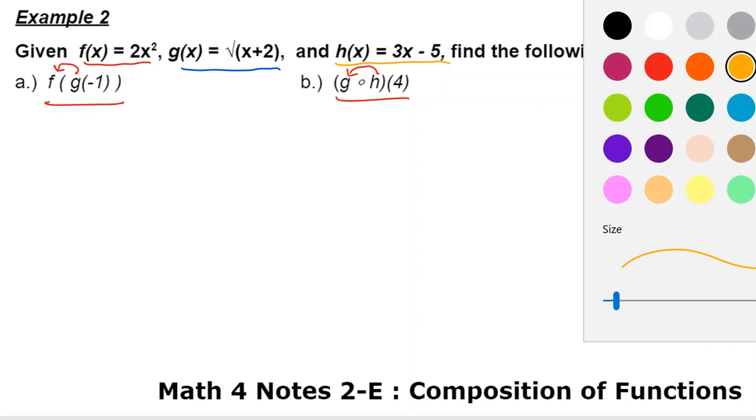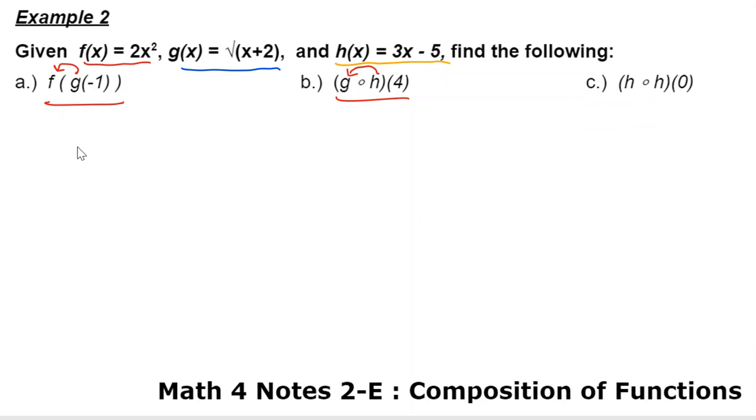Okay. So we're going to start with g of x first of all. That's going to be square root of -1 plus 2, which equals the square root of 1, which is 1.